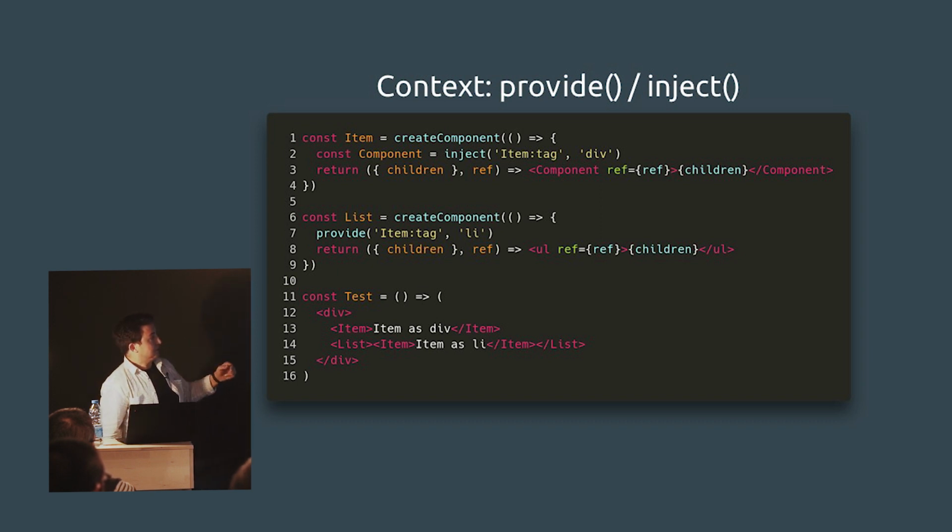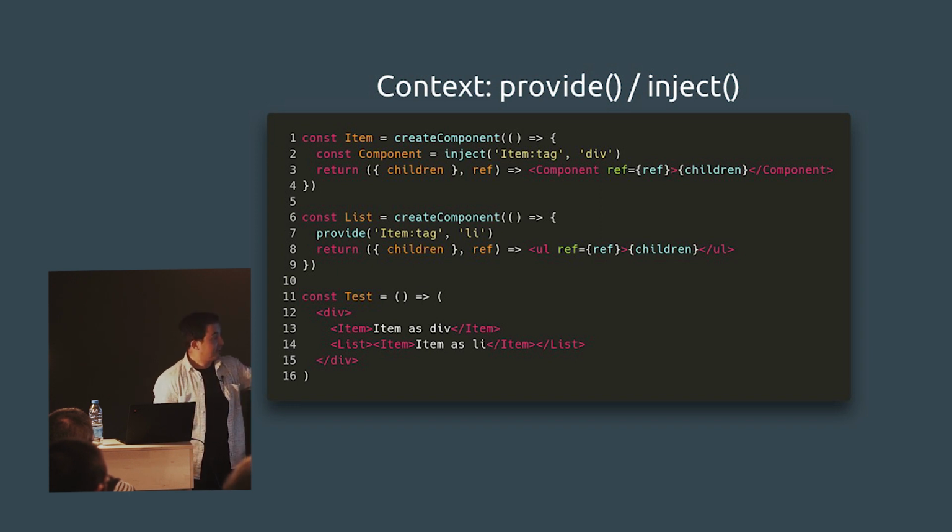So to explain this, for example, here this item is trying to inject item::tag from context in the component. If no one is providing a different value, it will be a div. So when it renders here, it's a div. But then if you wrap it here with list, and list is saying, okay, but item::tag now is not a div, but nulli, then here item will be rendered as nulli.